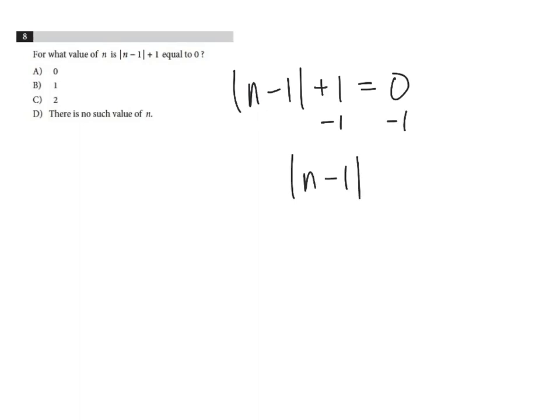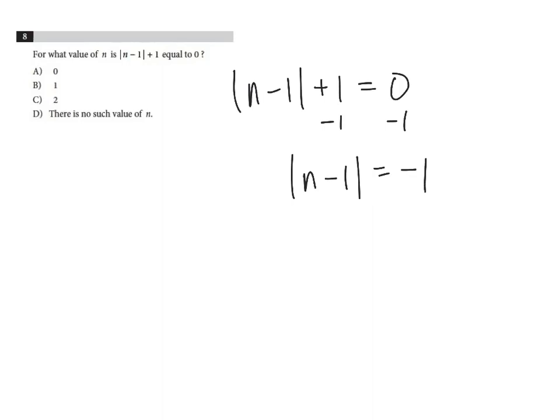Okay, problem number 8. It says, for what values of n is the absolute value of n minus 1, plus 1 equal to 0? Well, we're solving an absolute value, so we need to isolate the absolute value expression. Subtract 1 from both sides. I'm going to get the absolute value of n minus 1 is equal to -1.